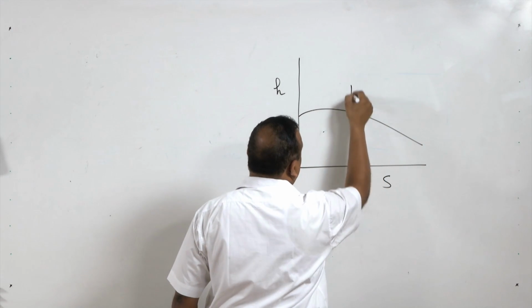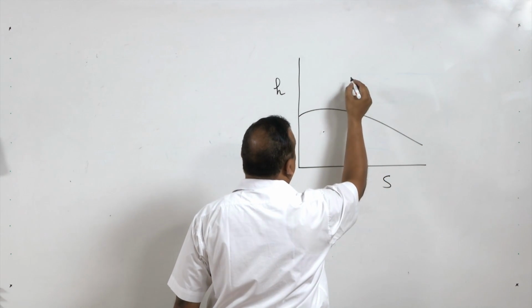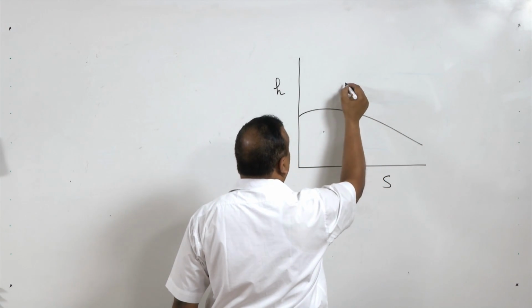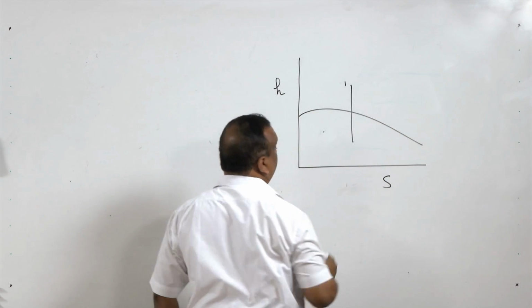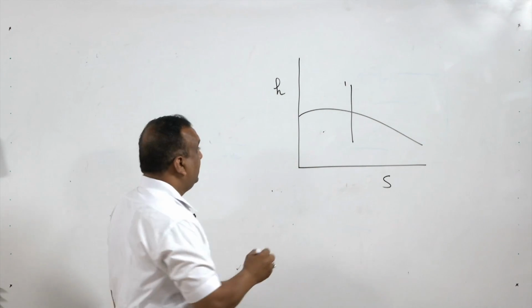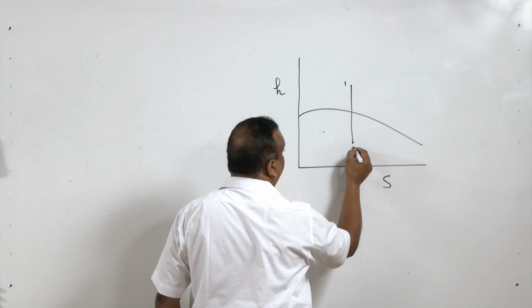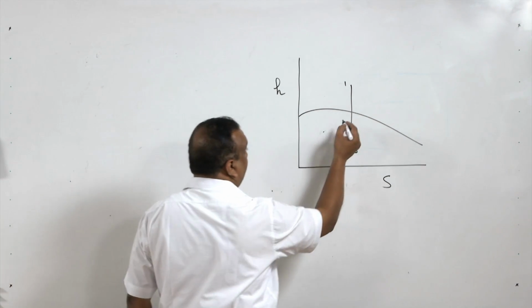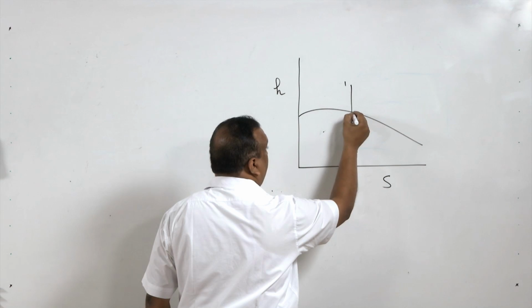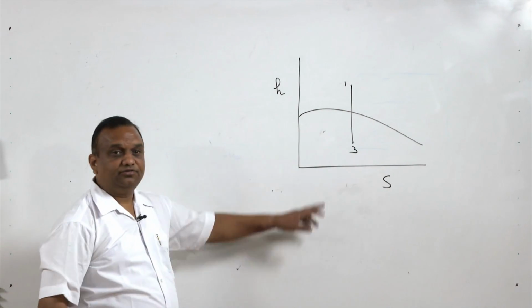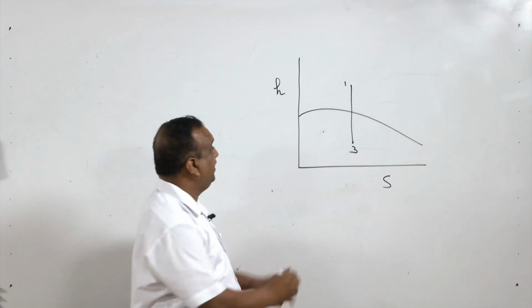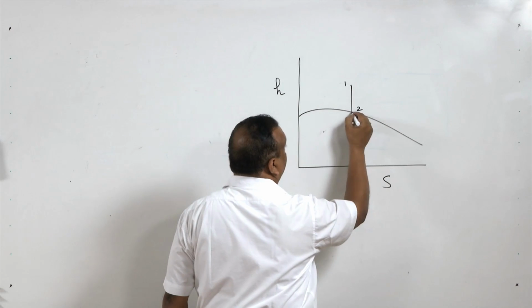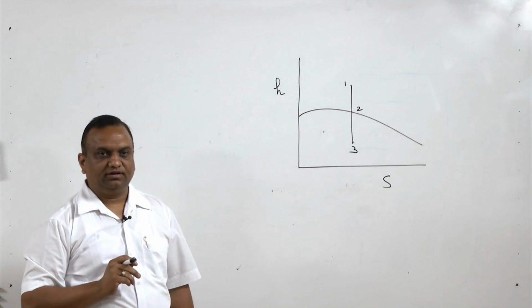Let us say the inlet is superheated steam, and this is state 3, which is the exit state. In fact, the condensation should start after this point. This is the saturation point. So during expansion, the moment state 2 is attained, the condensation should start.